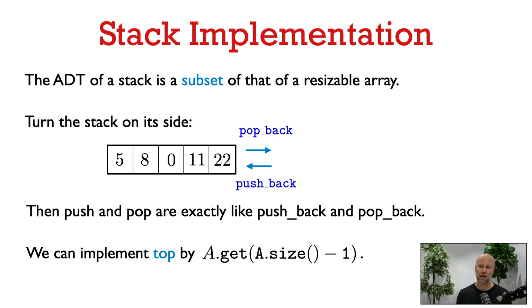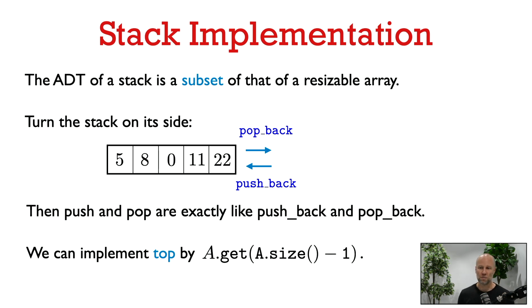Okay, now let's talk about how you can implement a stack. The abstract data type of a stack is actually a subset of the abstract data type for a resizable array. If we turn a stack on its side, we can recognize the operations of push and pop as being the same as push back and pop back on a resizable array.